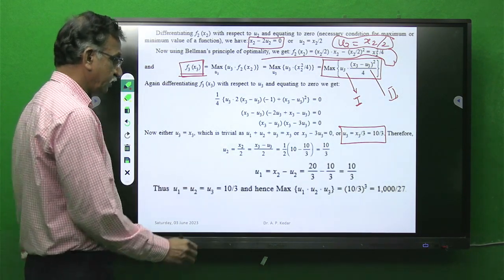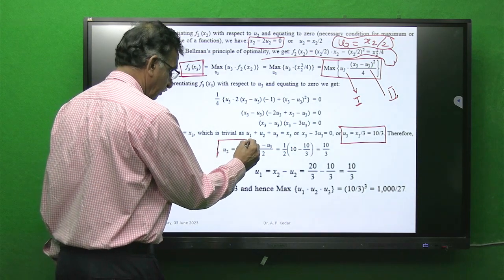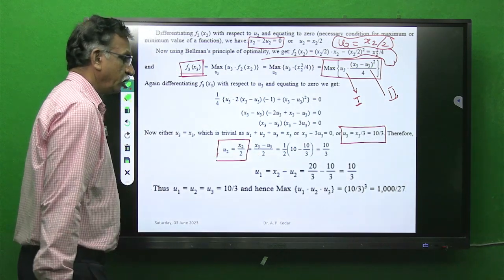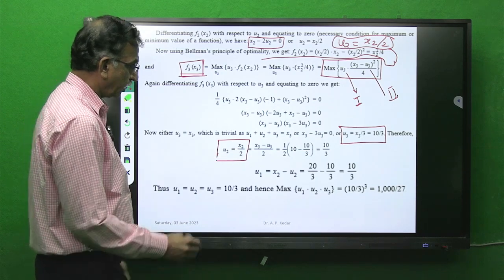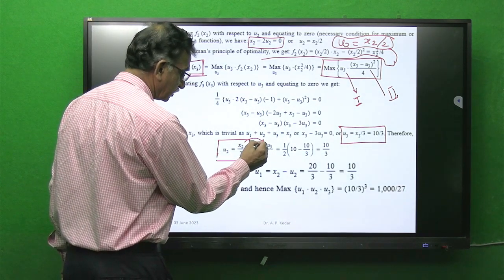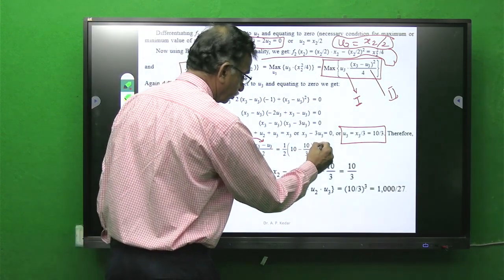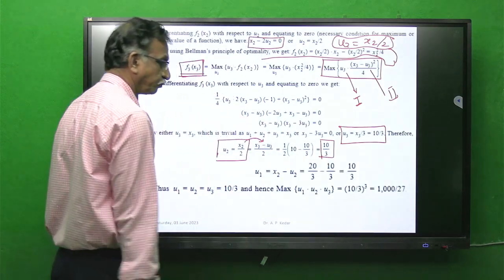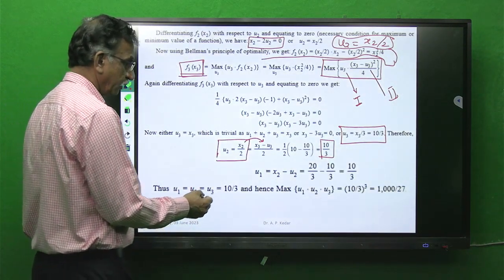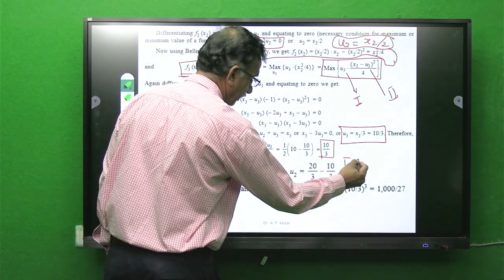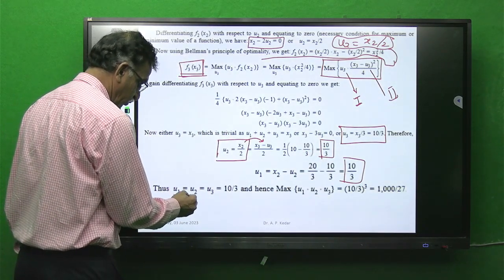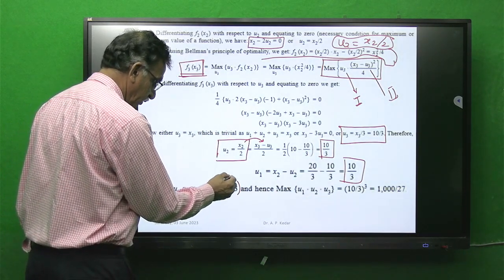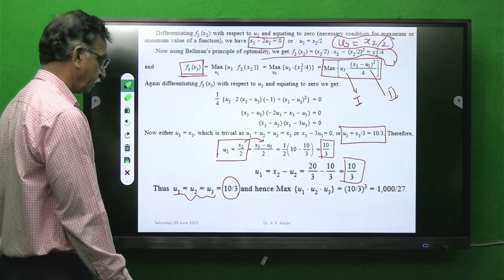Going back in reverse direction, we have the u2 value as x2 by 2. x2 is in terms of x3, and you get u2 equal to 10 by 3. Again going back, you get u1 equal to 10 by 3. So ultimately the values of u1 and u2 are 10 by 3.